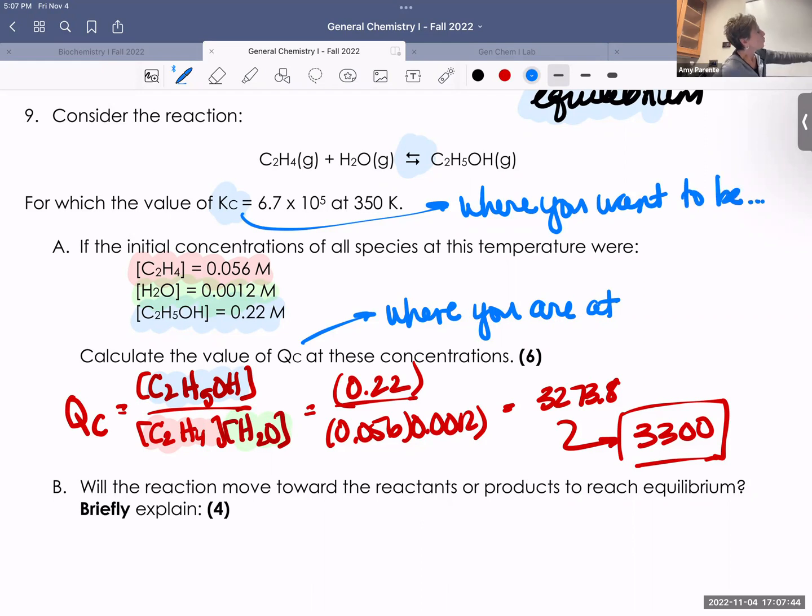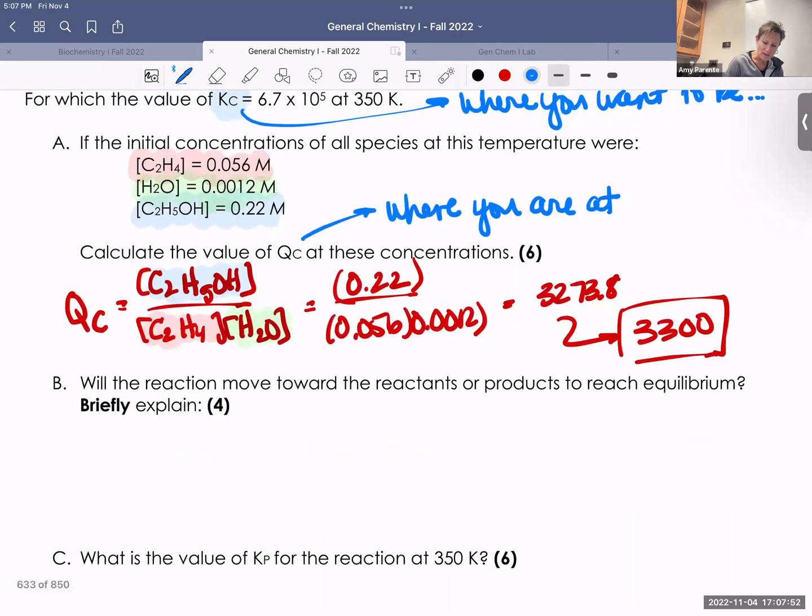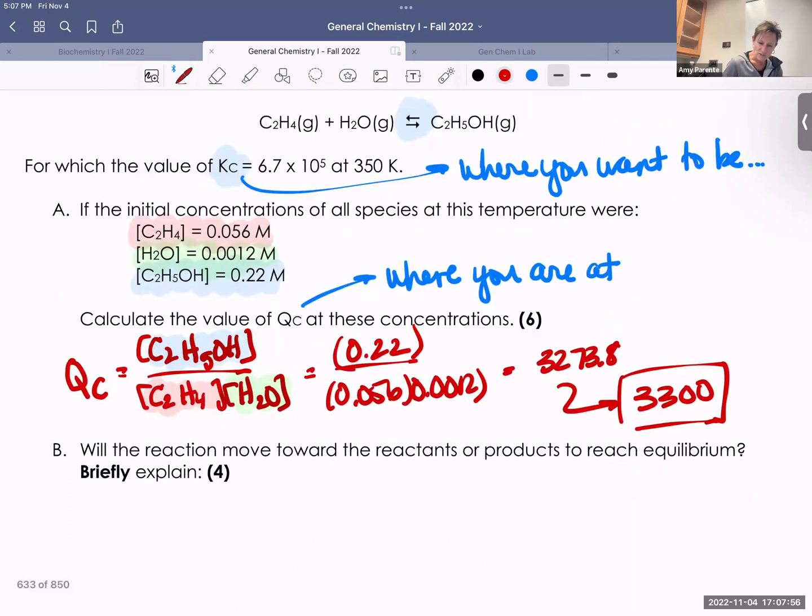So asking a qualitative question, will the reaction move towards reactants or products to reach equilibrium? You have to do a Q versus K comparison. So in this case, we've got about 67,000, right? 67,000 is what we're going to have. Actually, it's 670,000, sorry, 670,000 is what we have for our K.